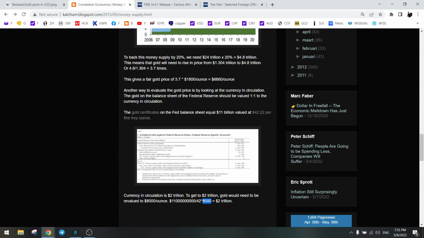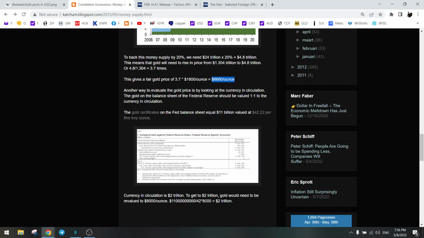Okay, so the gold price would need to be revalued to 8,000 in order to get the 2 trillion in currency in circulation. You can do this calculation yourself here. It will give 2 trillion. So we have now two numbers.